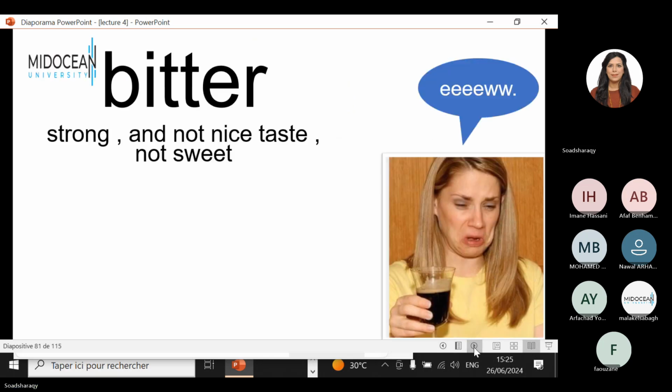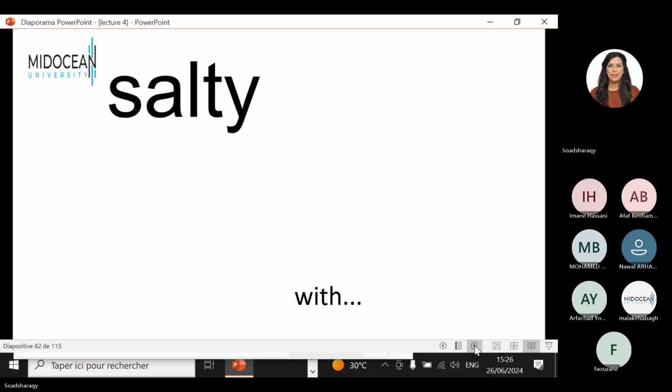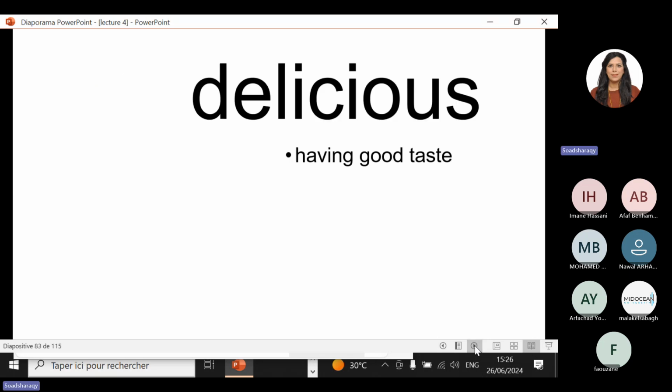Bitter means strong and not nice taste, not sweet. Bitter chocolate is good. Salty, delicious means having good taste.